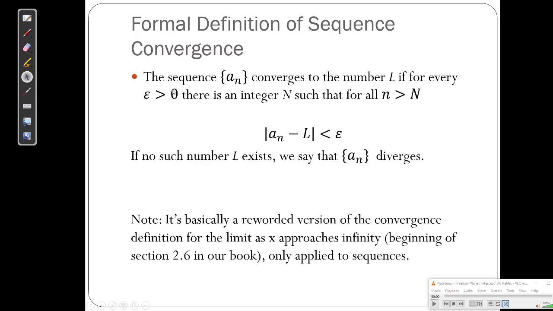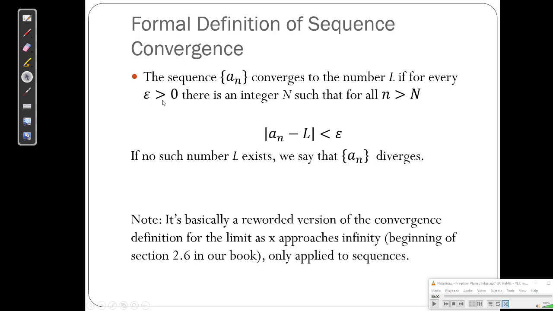So, for an arbitrary epsilon, L is the limit of the sequence if you can bound the difference between the sequence values and the limit if you go far enough in the sequence.